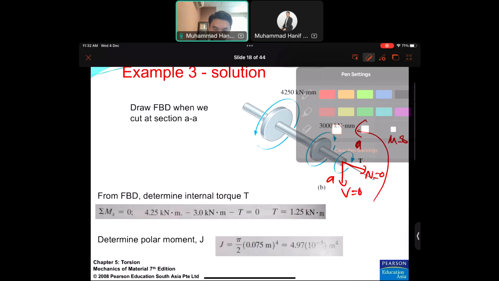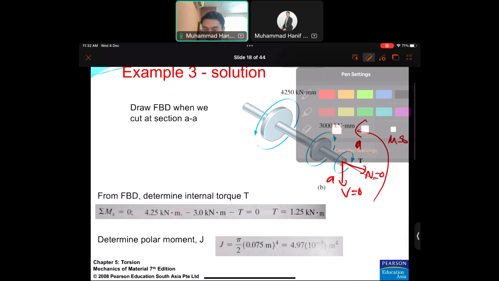So you will have 4.25k. I just put k, not the unit. In the calculation here they put the unit, but I suggest you put only the value. But at the end of the day, the final answer should include the unit. Okay, 4.25k, and the next one is 3,000, which opposes the assumption, so it should be negative 3k.